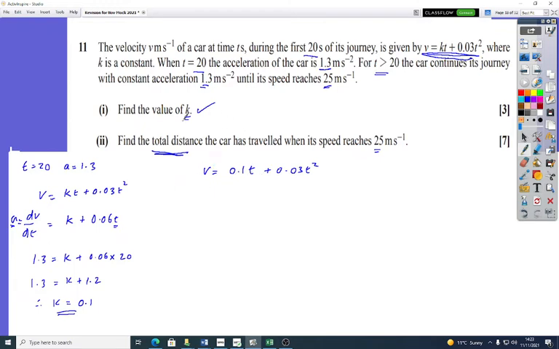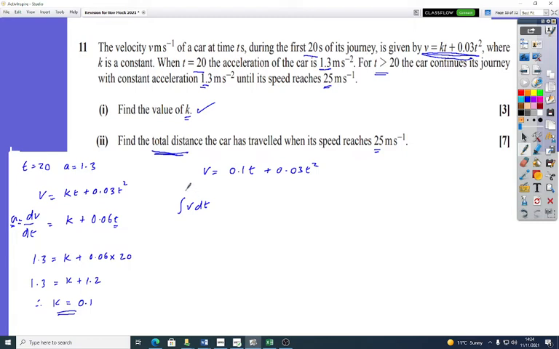In order to find the distance or displacement, what you do to velocity is you integrate it with respect to time. And if you want to know the distance, you put the limits in. Well, it starts from 0. If it hasn't stated it, I'm just saying the velocity of the car for the first 20 seconds.